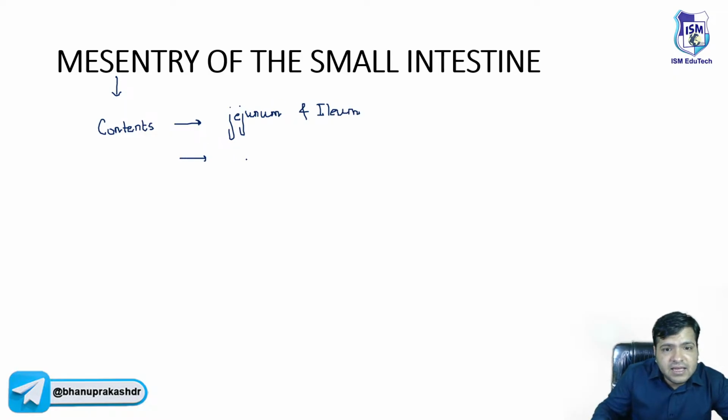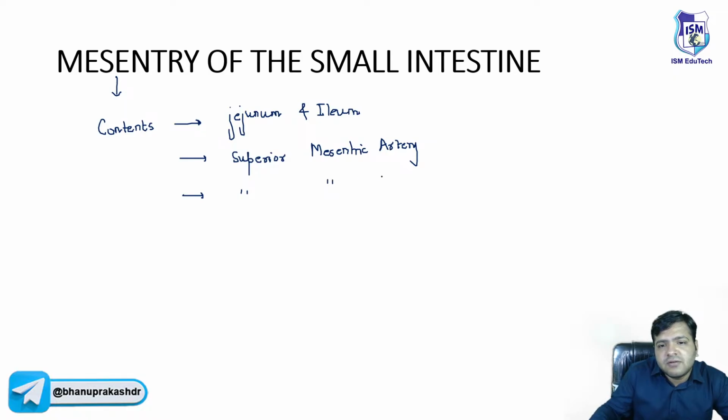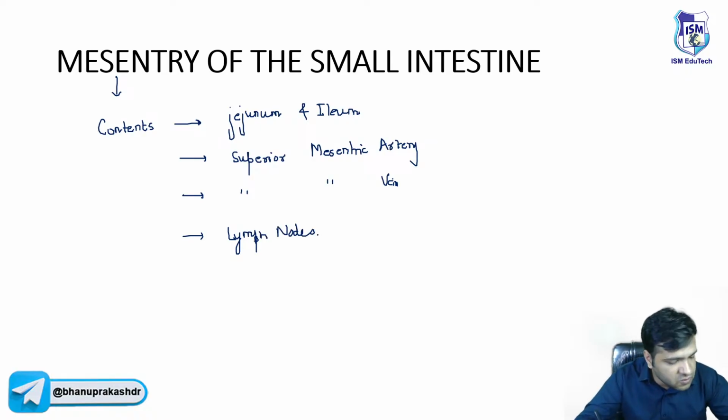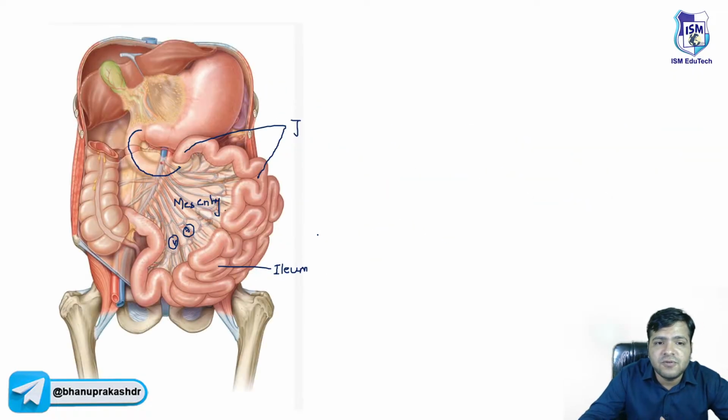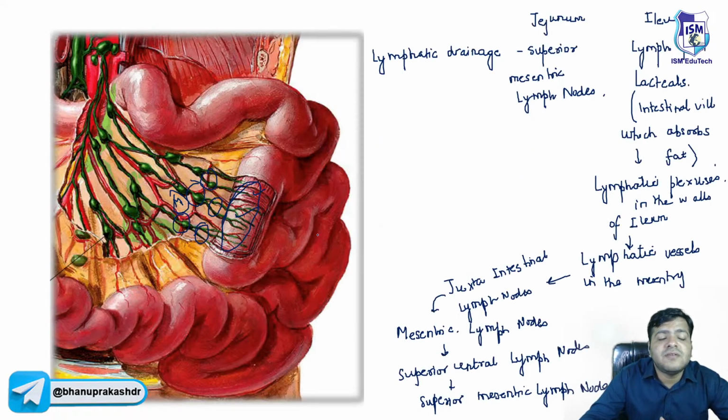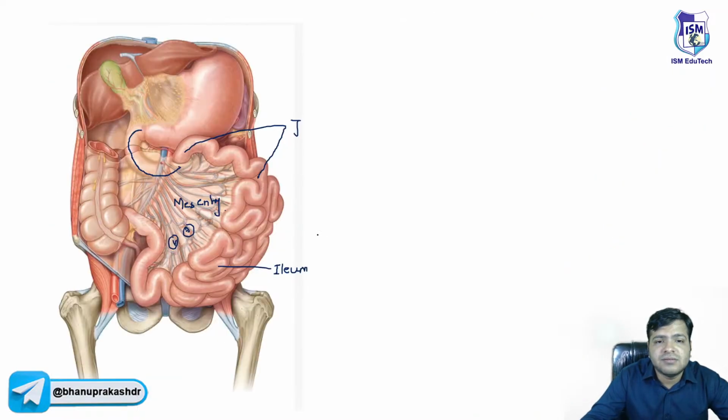Secondly, we have the superior mesenteric artery. We have the superior mesenteric vein. We have lymph nodes which are present inside. I have already shown you the green colored lymph nodes; they are all present in this mesentery.